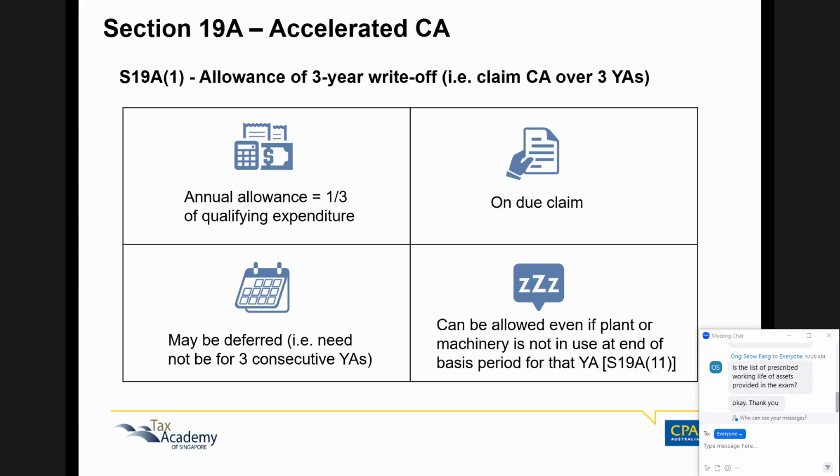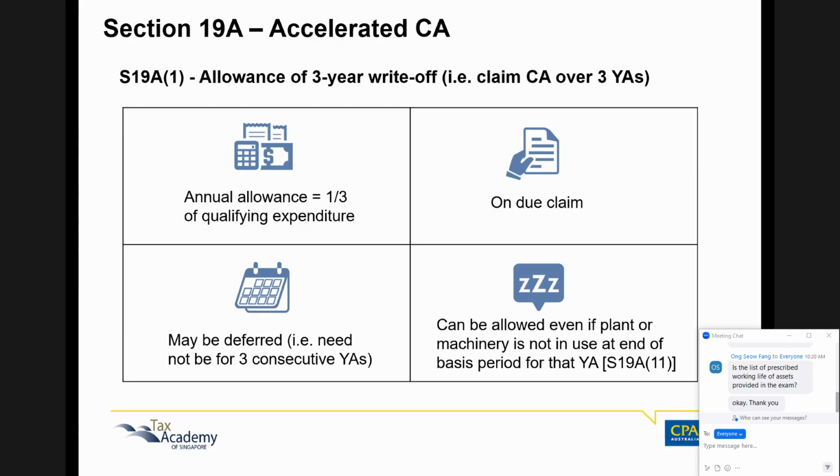Due claim means you can choose to defer. Even though you have incurred it, you can choose not to claim this year. You can defer it and claim later. And when I say claim over 3 years, it need not be claimed in 3 consecutive years. It's not that once you start to claim in year 1, you have to claim in year 2 and year 3.